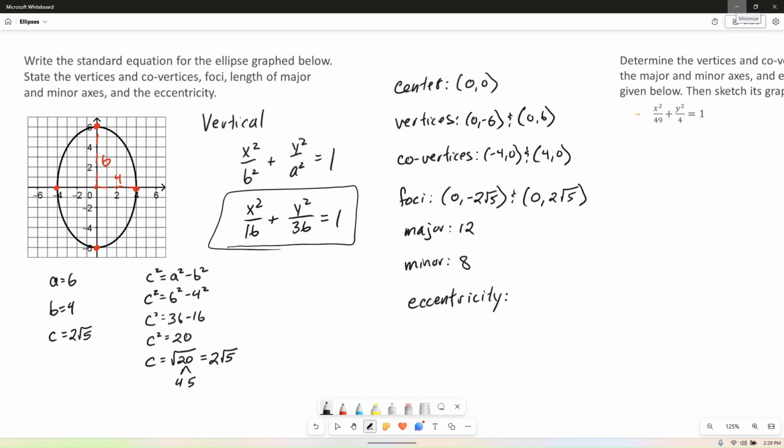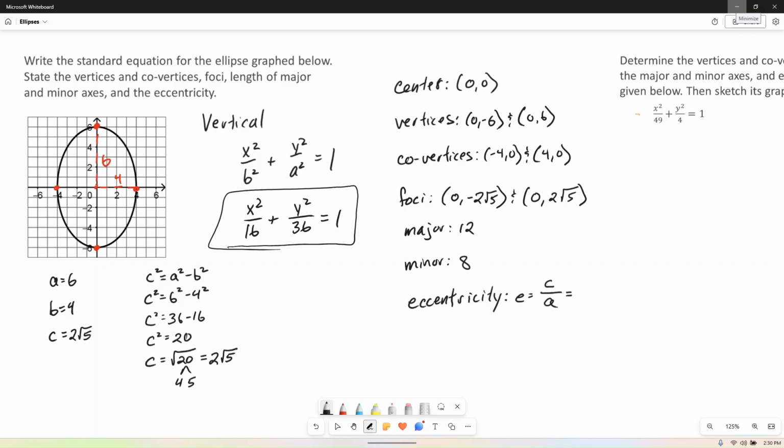The eccentricity is a measure of the ratio of 2 distances. It's the measure of the distance from the center to the foci divided by the center to the vertices. So we could think of e being the fraction c over a. We're just going to plug our c and our a value in there.